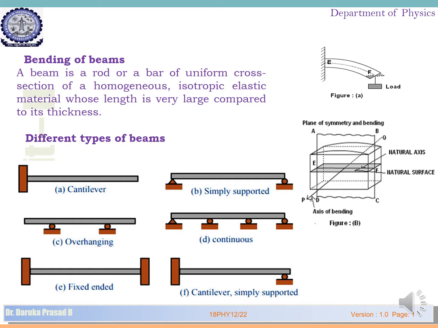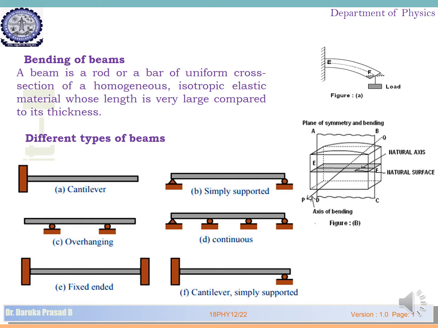If this is the bar, in the middle of this bar you have EF, that is the neutral axis, and the surface associated with it, which is perpendicular to the plane ABCD, is called the neutral surface. ABCD is called the plane of symmetry and bending, through which the bending occurs.